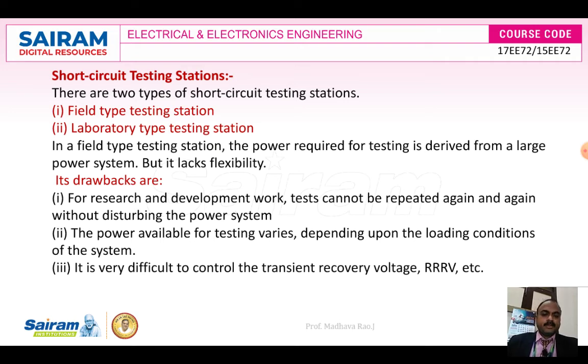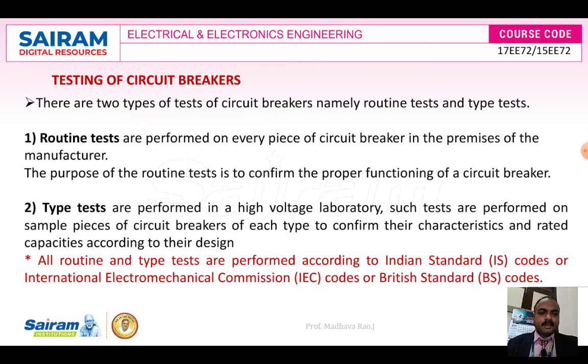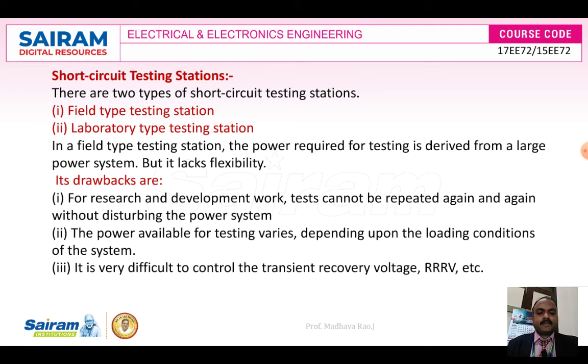In the field type test station, we confirm whether all the parts of the circuit breaker are functioning correctly or not. And laboratory type testing is high voltage testing, so that is the laboratory type test.